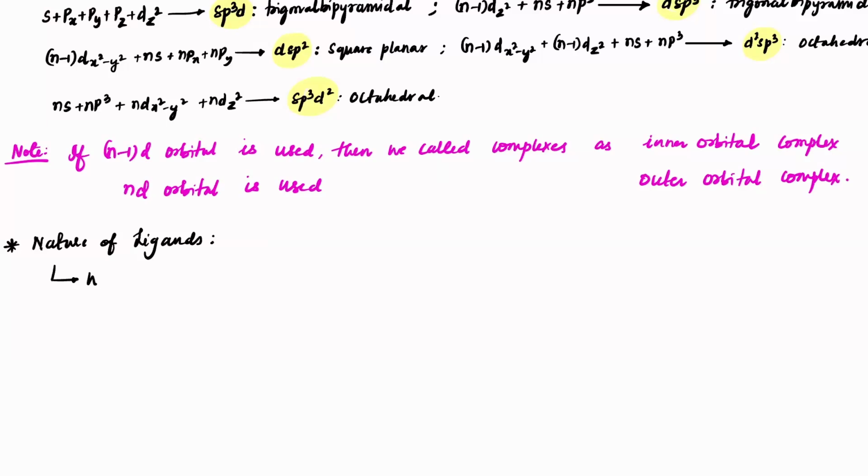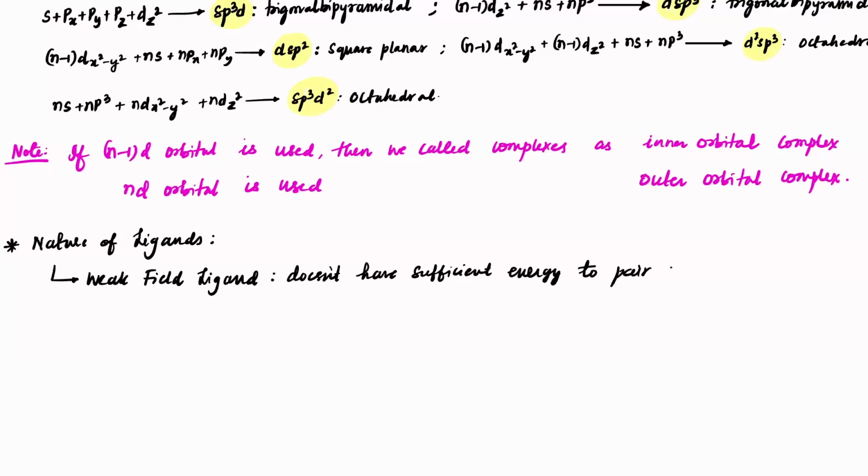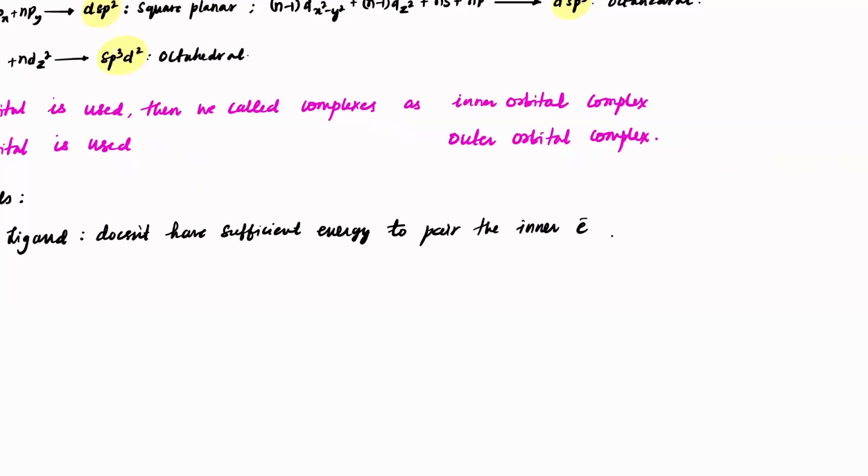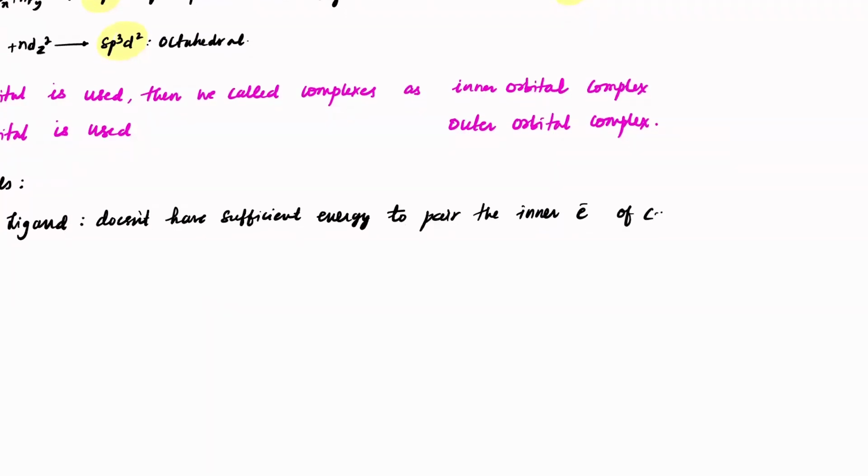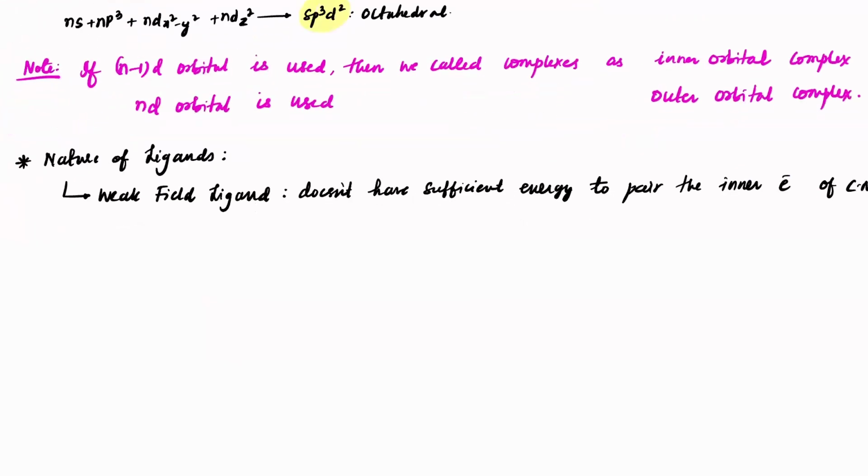One is weak field ligand, which means ligands that do not have sufficient energy to pair the inner electrons of the central metal atom.